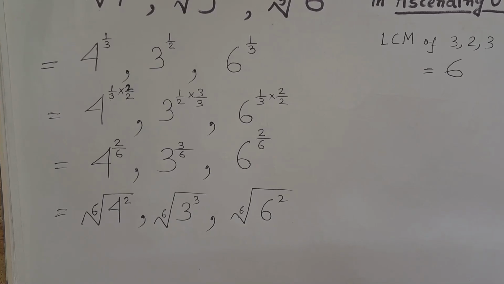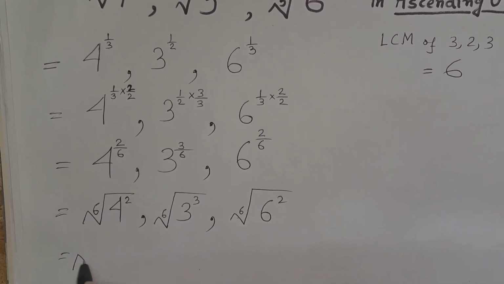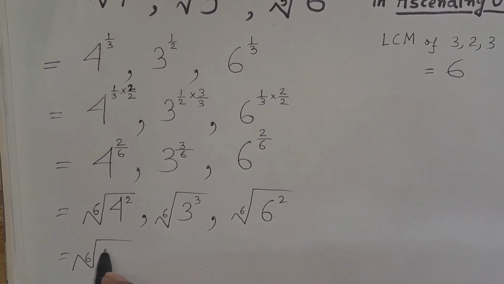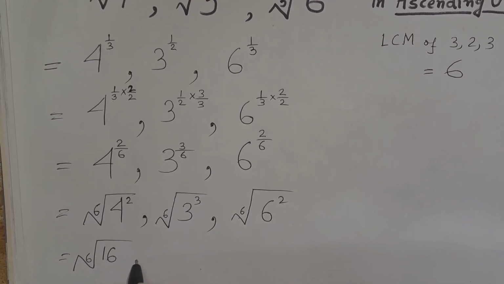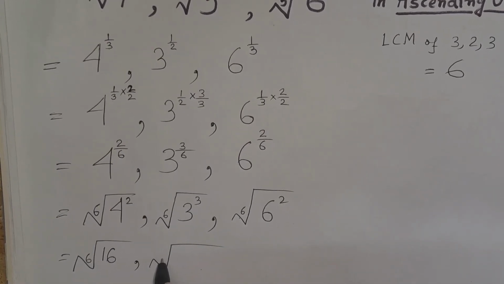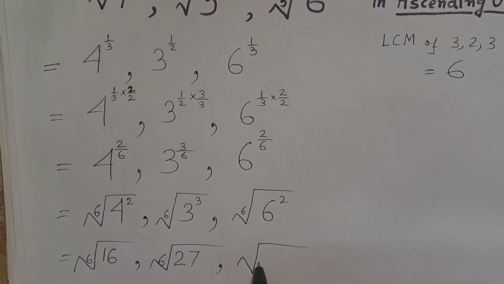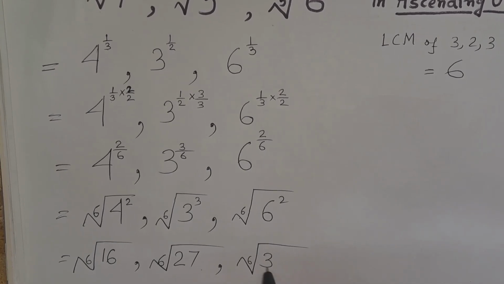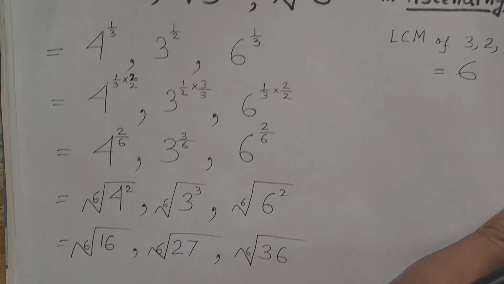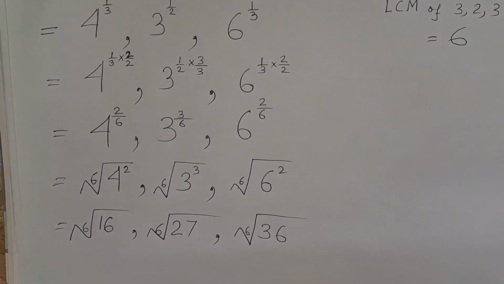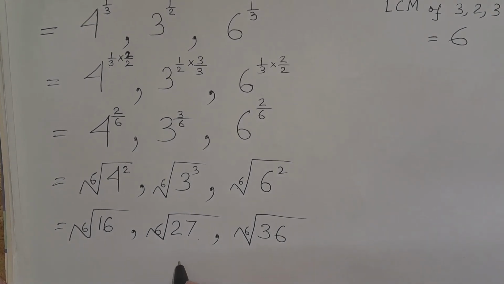Okay. Now just simply calculate the values of 4 square, 3 cube and 6 square. So within the 6th root, 4 square is 16. Within the 6th root, 3 cube, that means 3 3s are 9, 9 3s are 27. And 6 square within the 6th root, that means 36. So all these are within the 6th root.